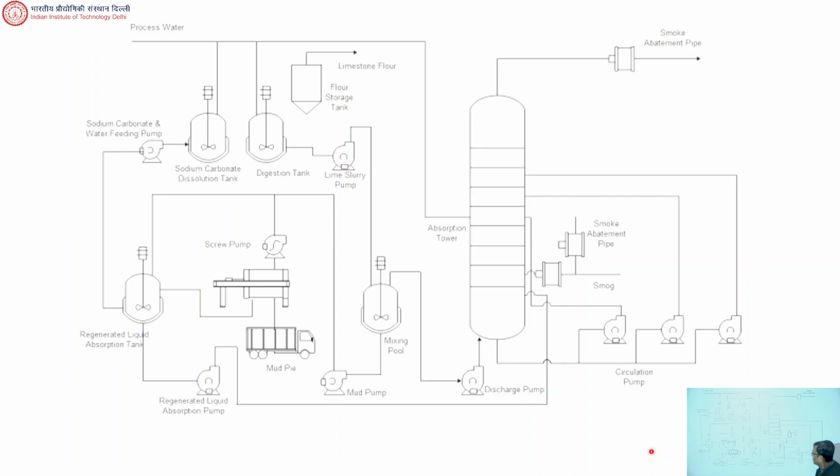For example, this is a liquid absorption pump, the mud pump, the discharge pump, circulation pump, whatever, many pumps. It's got an absorption tower, which chemical engineers more frequently deal with, and there are various kinds of tanks. There's a lime slurry pump.